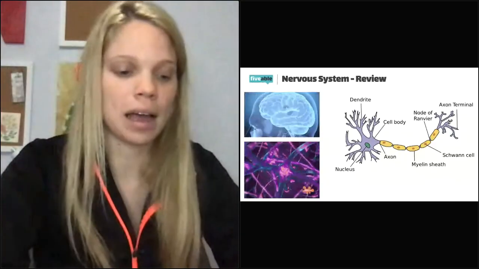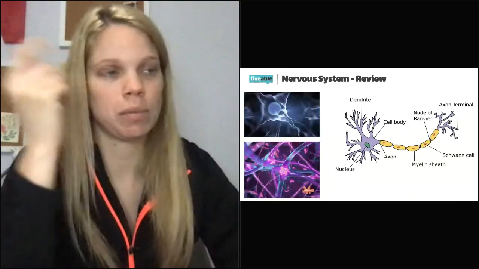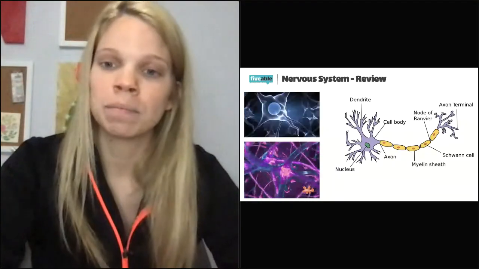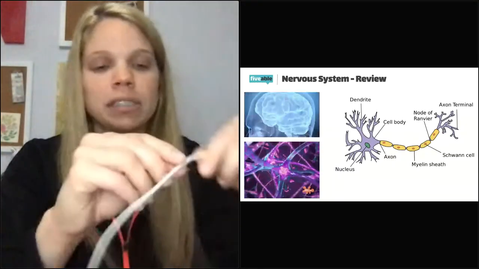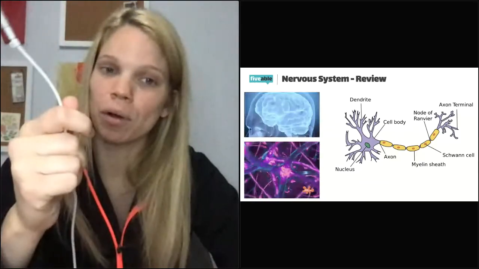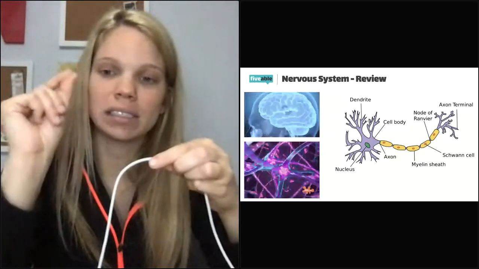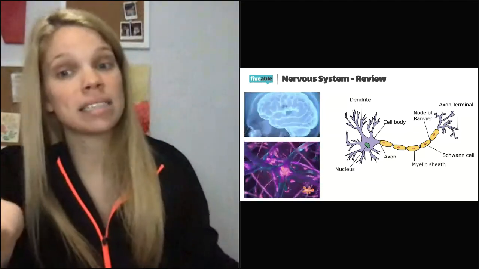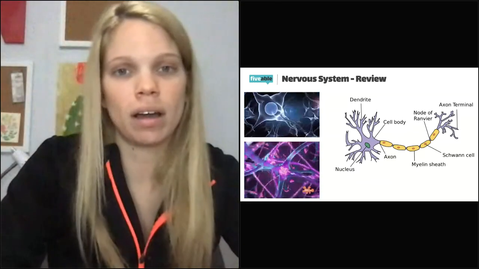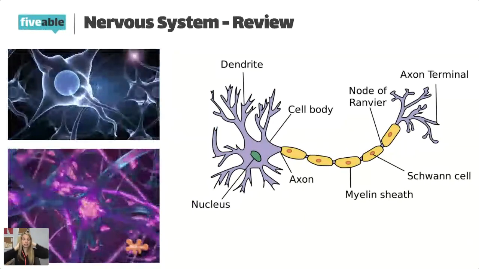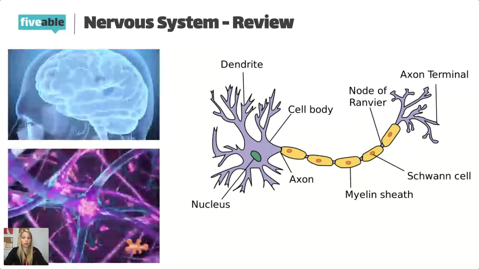If you've ever had a puppy or a small child in your house who chews on these things, you'll notice that once they're opened up, you can see all the little wires inside. And usually these cords won't work anymore because the signal from the wire gets lost without that insulation to keep it in. Same concept goes for those myelin sheaths on your neurons. Those are insulation because there is literal electricity in those neurons.